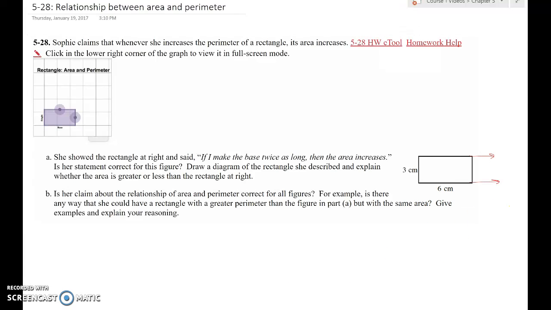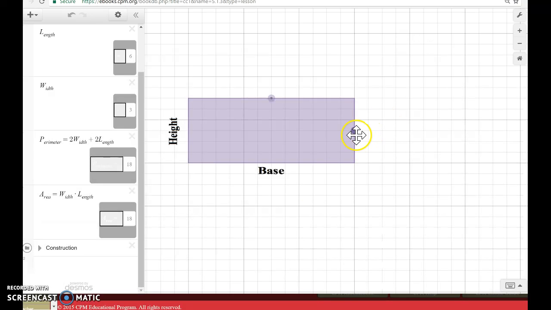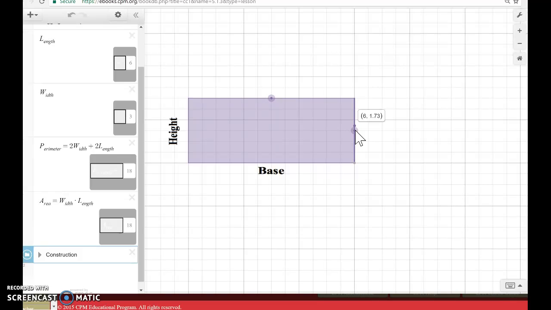If anybody is not sure, let's do it. We're looking here at the length, which is 6 units currently. Let's move it to 12 and see what's happening to the area. The area was 18.